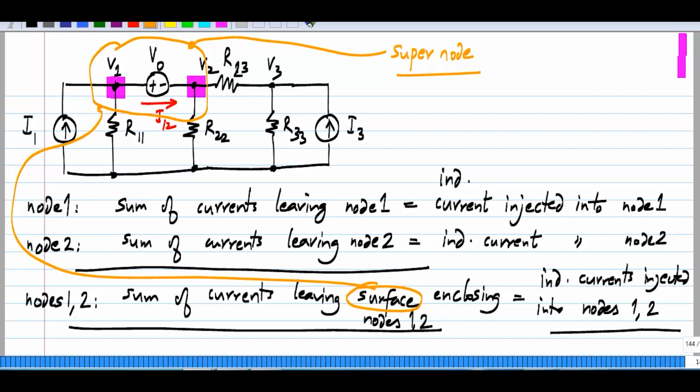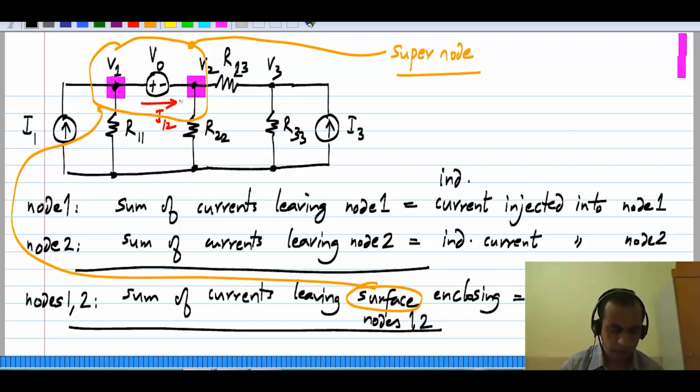How do you do this? You still have the same variables V1, V2. We have the supernode. The supernode consists of multiple nodes, each with its own voltage. So the point is you don't have to worry about the currents going from node 1 to node 2. You still have these terms corresponding to V1 and V2.